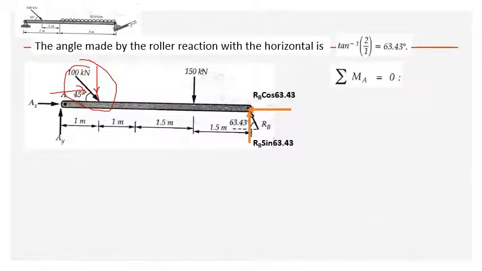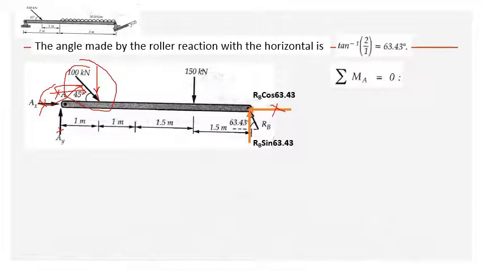What are the forces producing the moment? AX and AY do not produce a moment, as well as this horizontal component 100 cos 45, that also does not produce any moment. These forces do not produce any moment as they are passing through the moment center, and the RB cos 63.43 also does not produce any moment because they all pass through the point A. So what are the forces producing the moment? 100 sin 45, yes, it is at a distance of 1 meter, 100 sin 45 into 1.